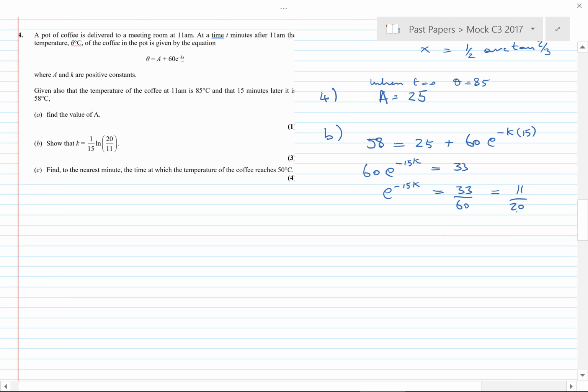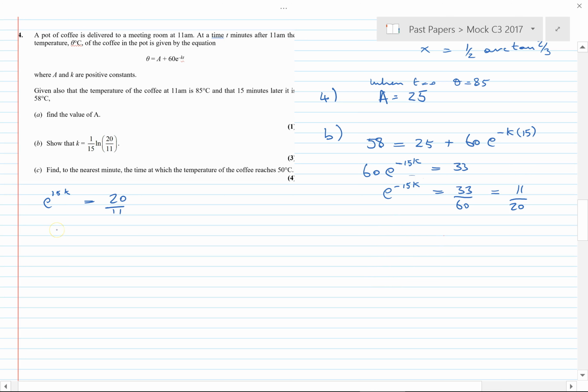I'm now going to swap that over, because that's 1 over e to the 15k. So if we flip it over, we get e to the 15k is equal to 20 over 11, which is kind of where we're heading, isn't it? We're being asked to show it, so as long as we show each step carefully, we're fine.